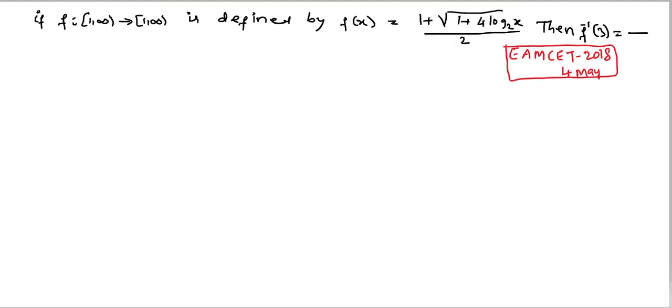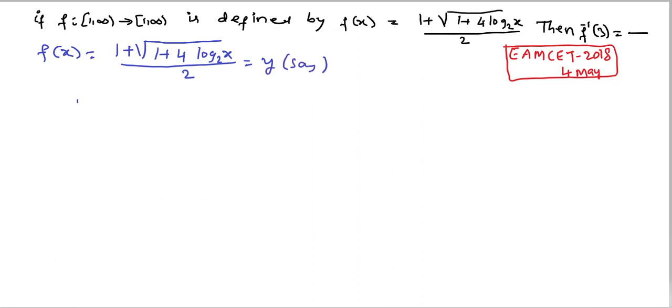If f maps the closed interval 1 to infinity to closed interval 1 to infinity, defined by f of x is 1 plus under root of 1 plus 4 log x base 2, then f inverse 3 is. Here we find the inverse function. Let f of x is equal to y, so 1 plus under root of 1 plus 4 log x base 2 is equal to 2y.